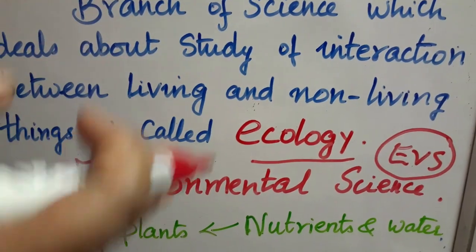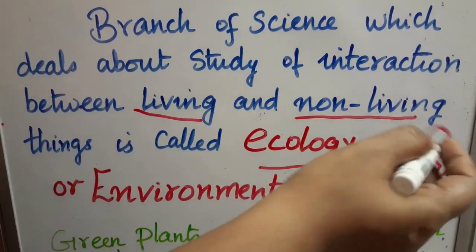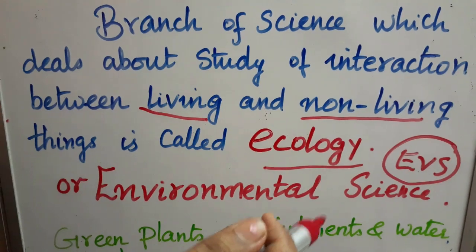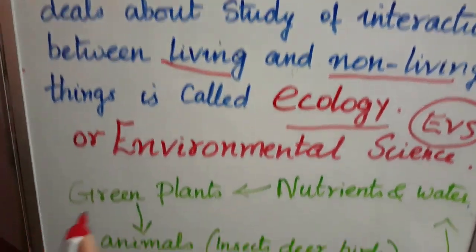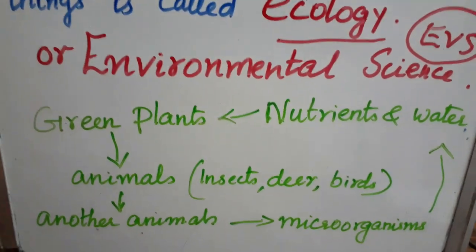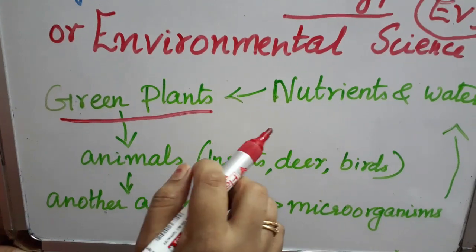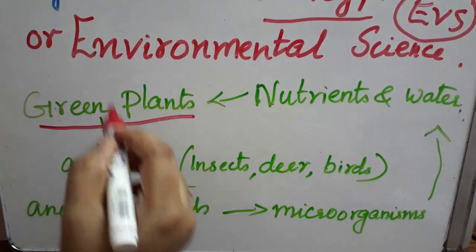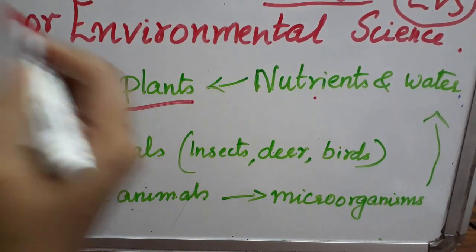So that means the interaction. We are learning about living things and non-living things and their interactions. So let's see one example. First of all, we are thinking about green plants. Many green plants are there in one area. These green plants will absorb nutrients and water through the roots and grow.